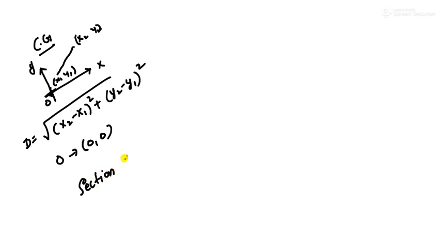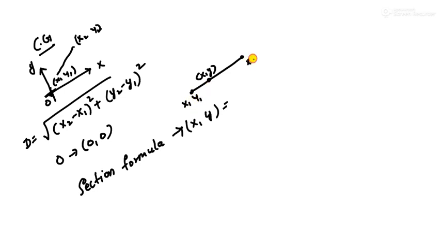Then you have the section formula. Section means if there is a line and there is a point in between this line and we need to find this point, then we have to use the formula. X comma y is, here it was x1 y1, here x2 y2.